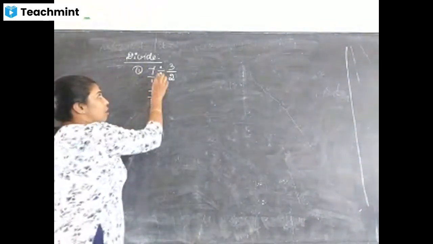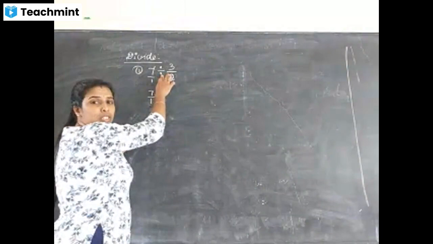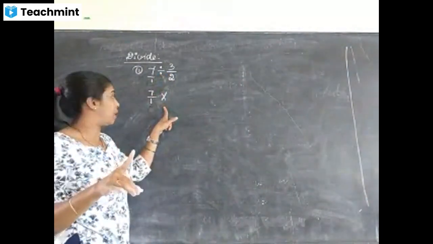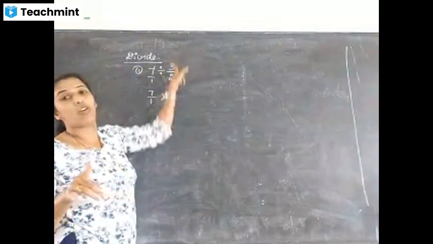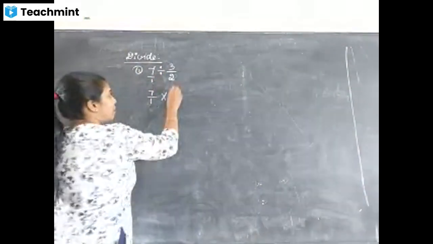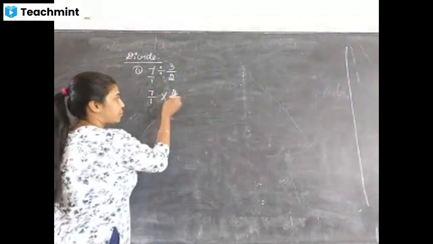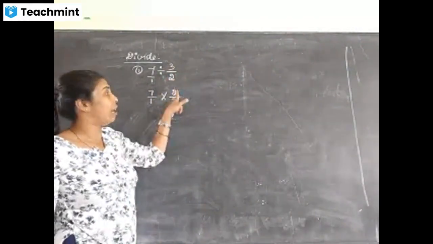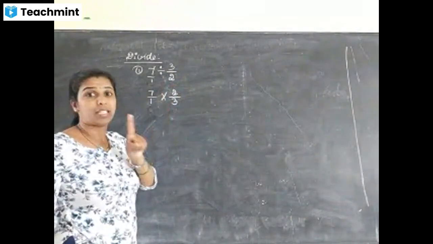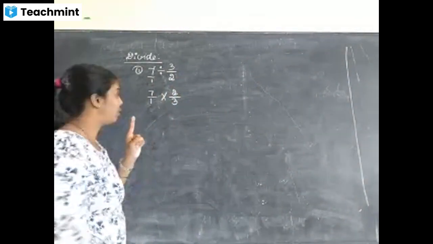Instead of the division sign, we put the multiplication sign. When you write the multiplication sign, at that time only you take the reciprocal. Here 3 by 2 I write as 2 by 3. When I change the sign in division, I have to remember this.